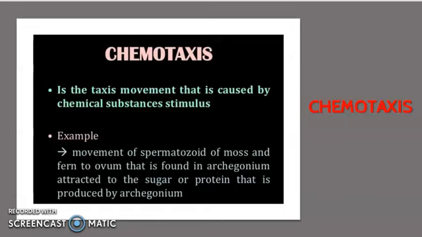For example, the movement of spermatozoa of the moss toward the ovule found in the archegonium is attracted to the sugar or protein molecules present in the archegonium. The archegonium is the female structure belonging to the fern plant or the moss plant.